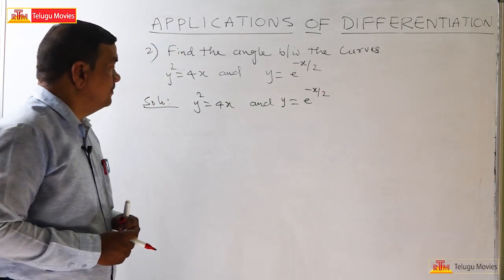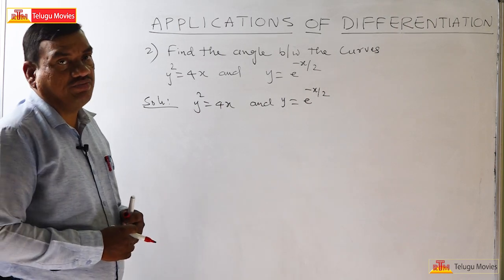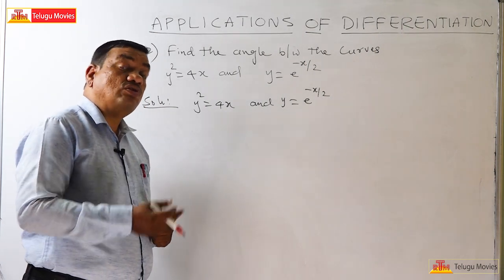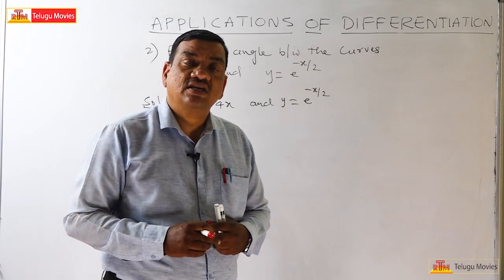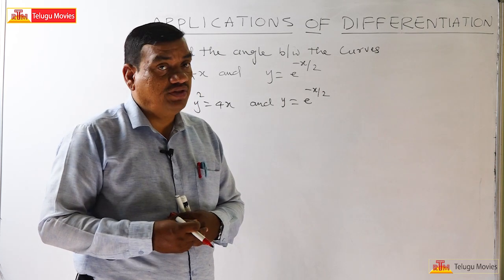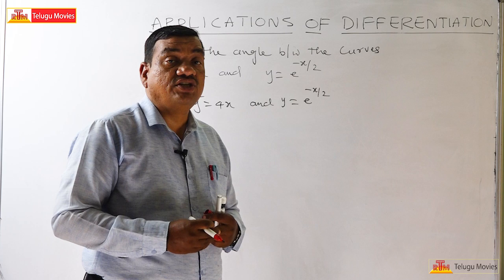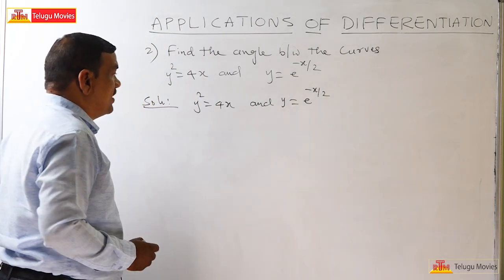Generally students start solving the equations. But sometimes without solving the equation, that means already we told that we have to find the point of intersection before finding the angle between the two lines. So, sometimes problems will come without finding the point of intersection also. So, this is one example.